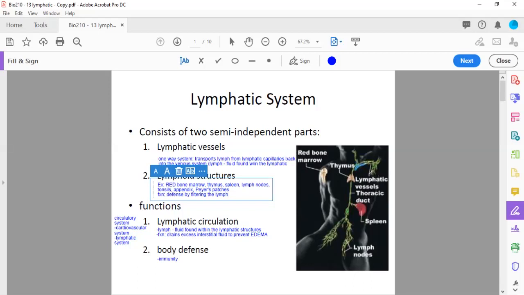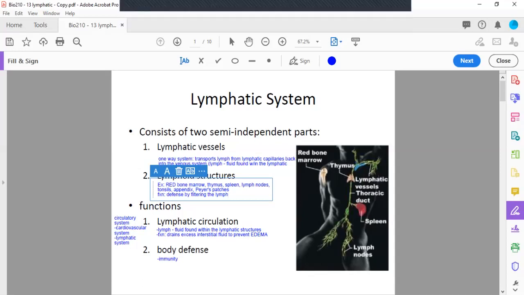Once the infection is gone, the lymph node subsides and its size returns back to normal. But in the meantime, its main purpose is to filter the lymph.